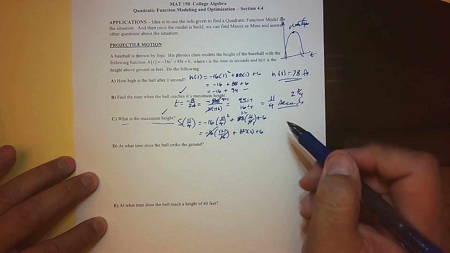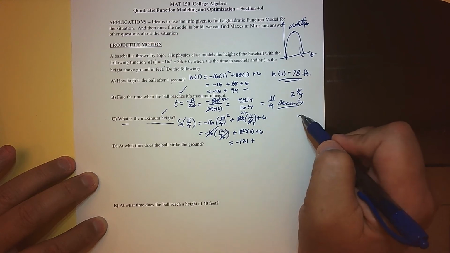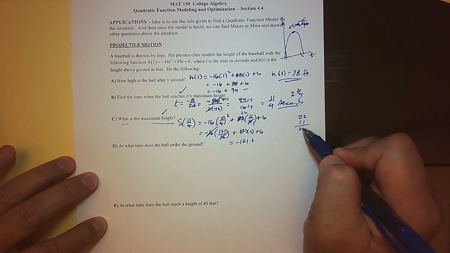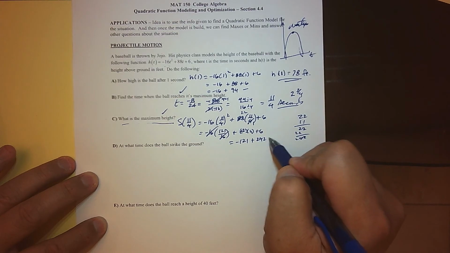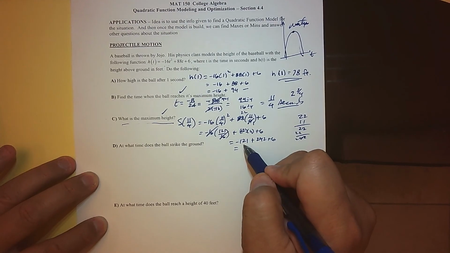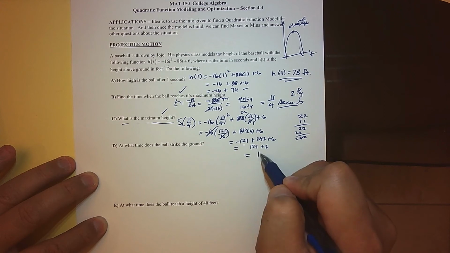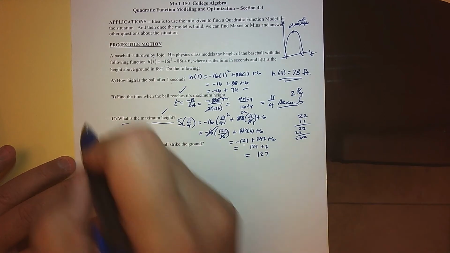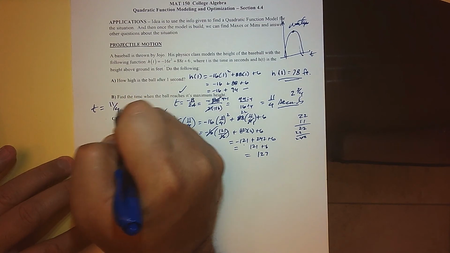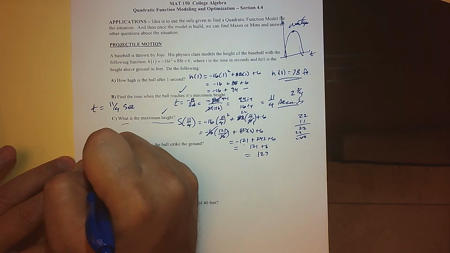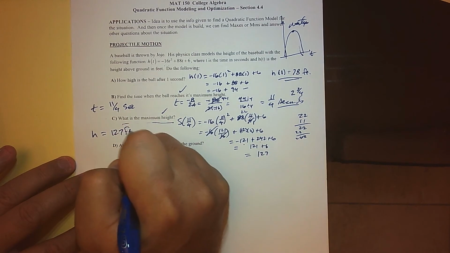Nicely, the 16s cancel out, so we're left with negative 121 plus 22 times 11, which is 242, and then plus 6. Negative 121 plus 242 is 121, and then plus 6, we get 127. So the time it takes to reach the vertex is 11 fourths seconds, and the maximum height is 127 feet.